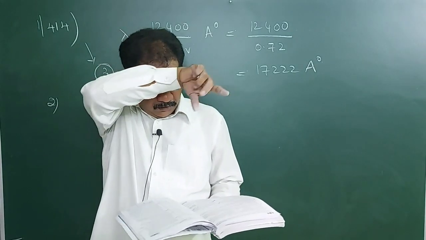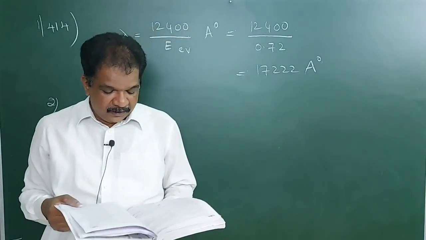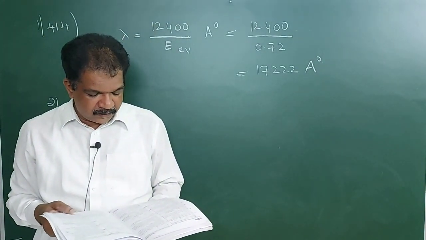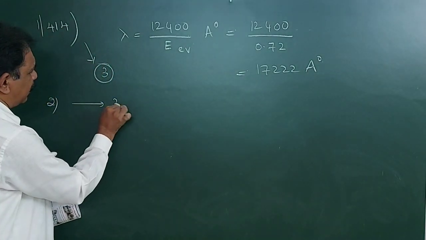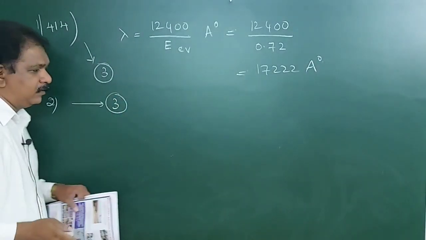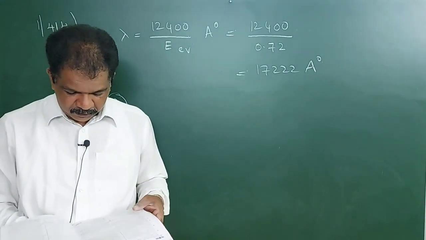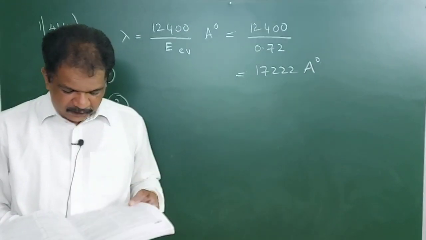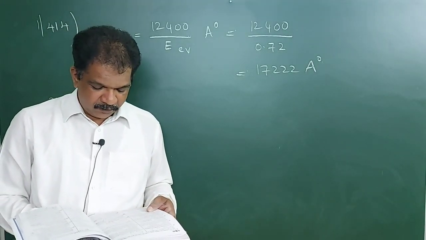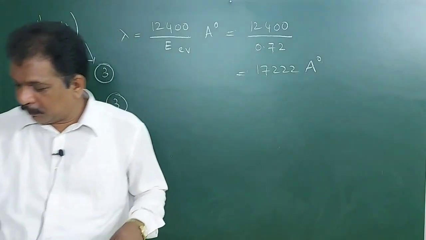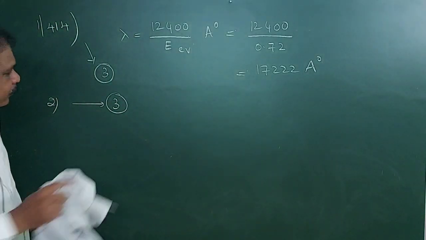No. Width of the depletion layer will decrease in the forward bias. So the third statement is wrong. So the answer for the second question will be the third option. Fourth, if you check, in forward bias diode heavily conducts. Correct only.